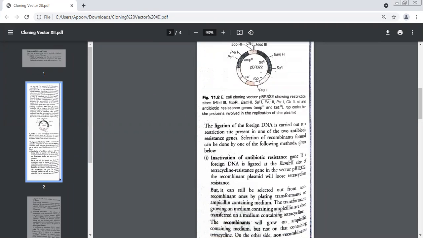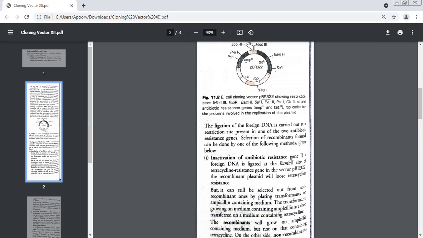There is one very simple way of selecting transformants and non-transformants or recombinants. How can we do it? We plate transformants on ampicillin-containing medium. We take a medium which contains only which antibiotic? Ampicillin. Very good.